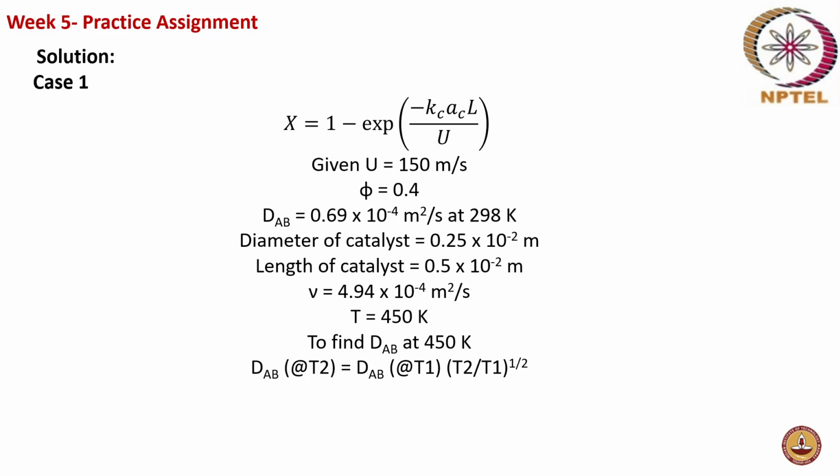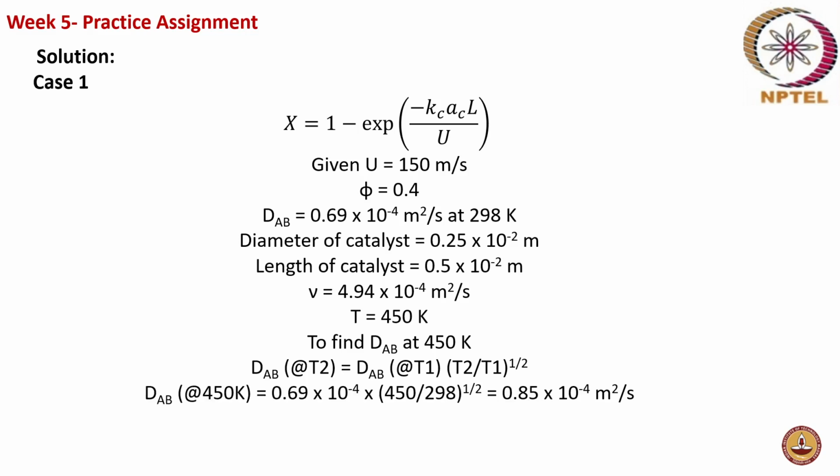So assuming Knudsen diffusion, because this is flow through some constriction, right? So your diffusivity correlation with respect to temperature is DAB at temperature T2 equals DAB at temperature T1 multiplied by (T2/T1) to the power half.